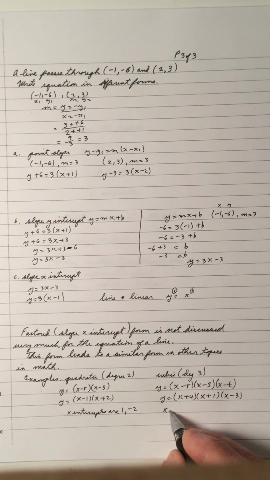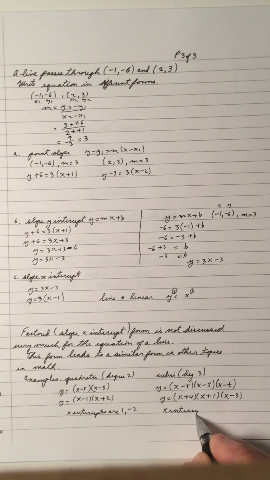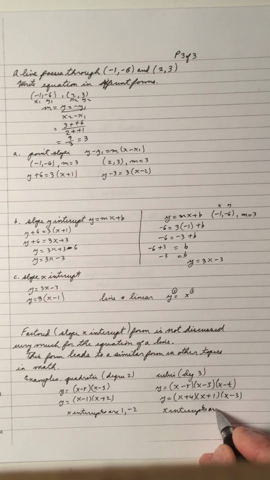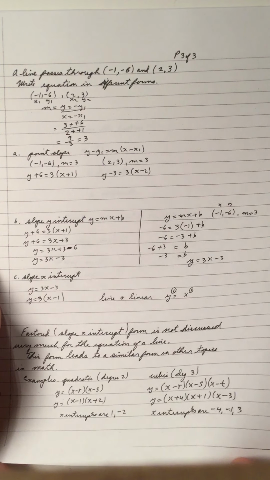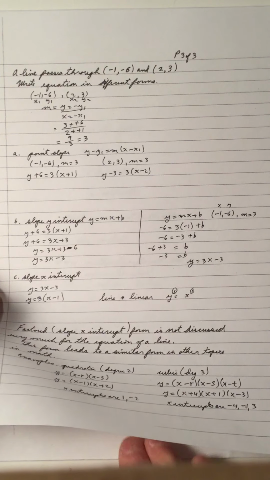Again, if you look at it, you take the opposite of what's in a bracket. So the x-intercepts are negative 4, negative 1, and 3. That will be discussed later, but I just wanted to show you about this x-intercept form for the equation of a line.